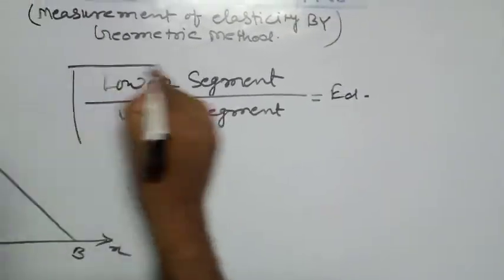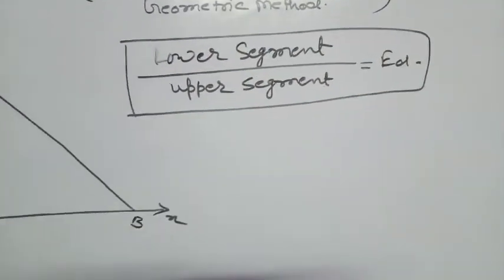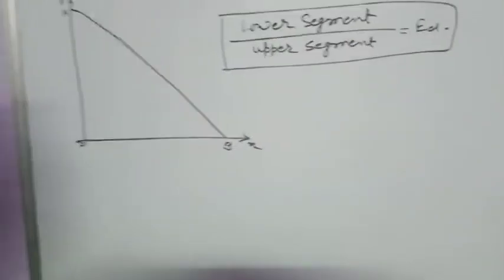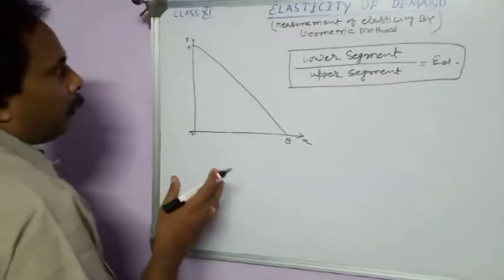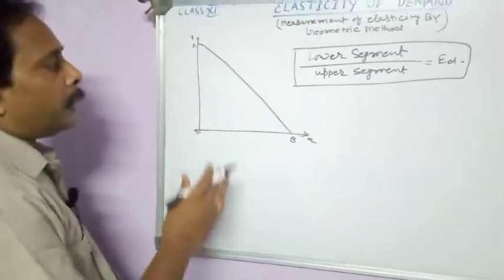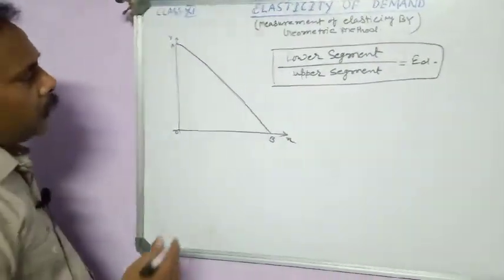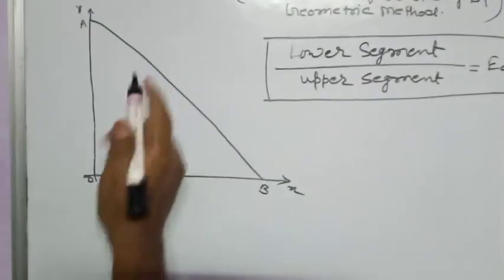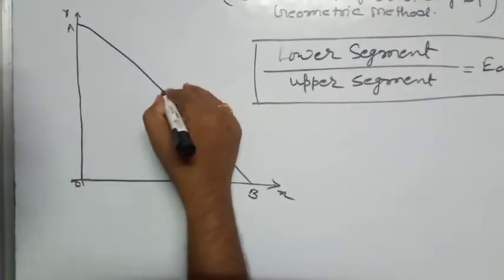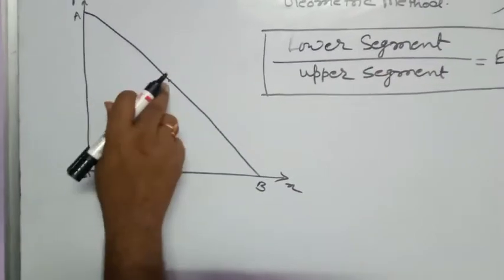So this is a very common formula. Okay, so on that formula we can determine what will be the situation of elasticity of demand at different point. So suppose AB is a segment and its mid value is, suppose this is the mid value.